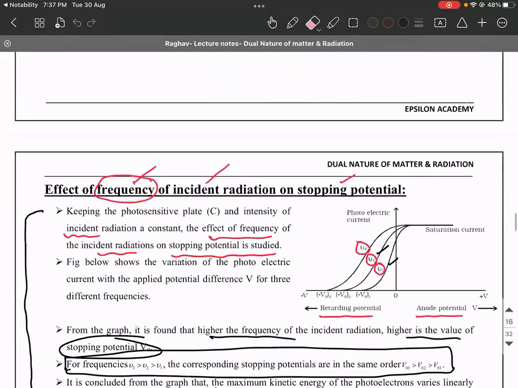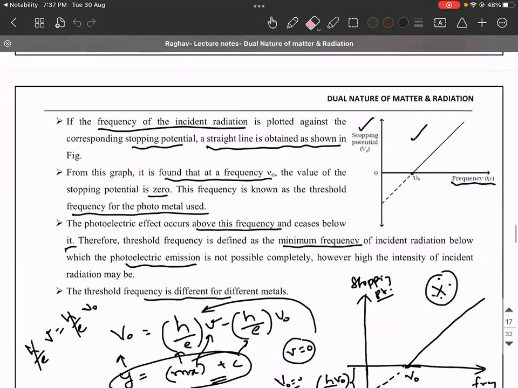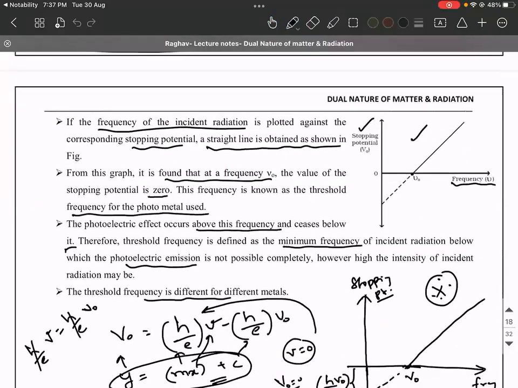Okay. So here, make an important note. From here, the mathematical aspect will come into picture. If the frequency of incident radiation is plotted against the corresponding stopping potential, then a straight line is obtained as shown in the figure.